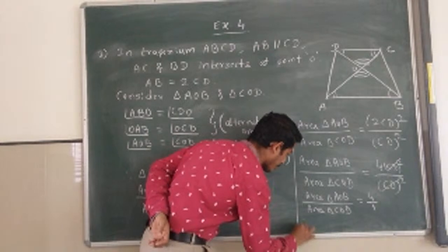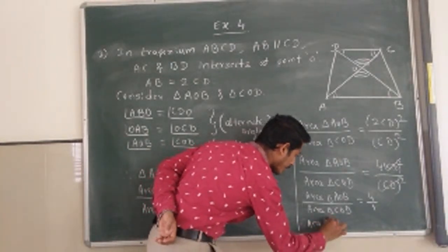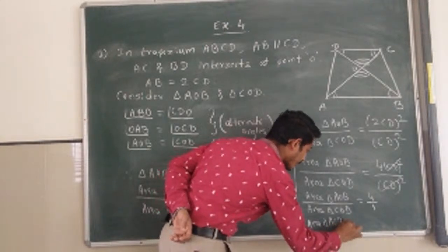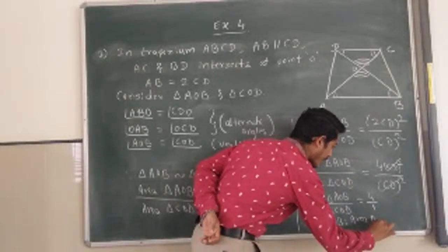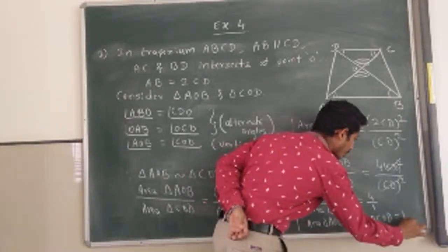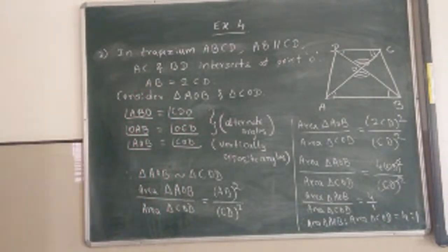Therefore, area of triangle AOB to area of triangle COD is 4:1. This is the solution for the second problem.